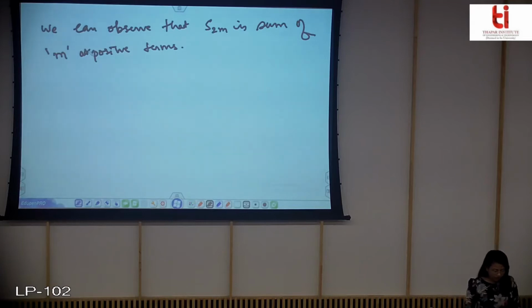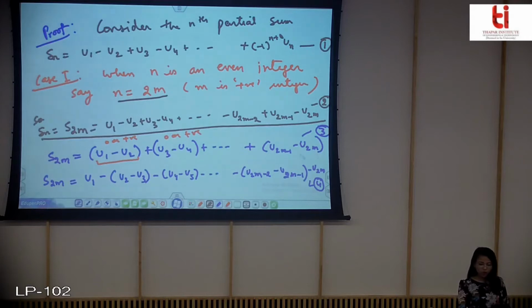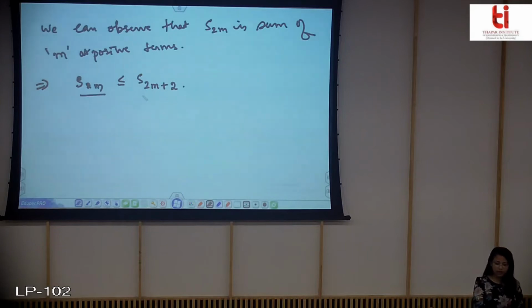So this implies that S2m is less than or equal to S2m plus 2. Obviously, since it is a sum of positive terms, if I add 2 terms more, S2m will be less than or equal to S2m plus 2.